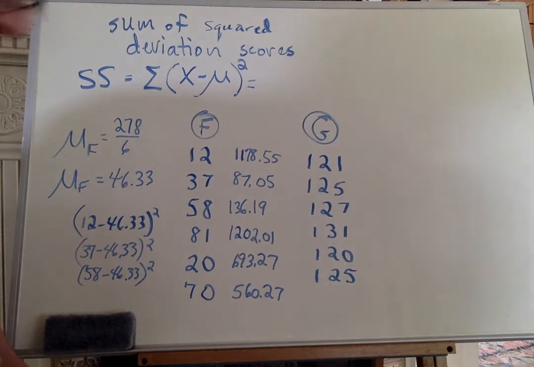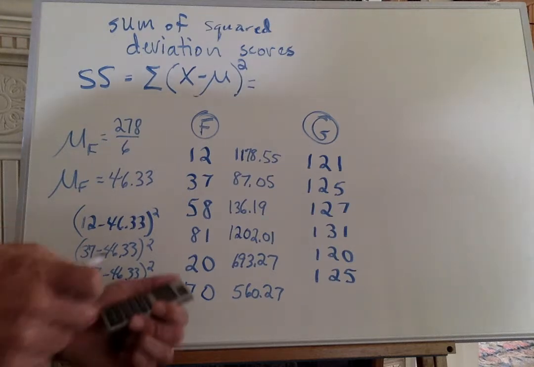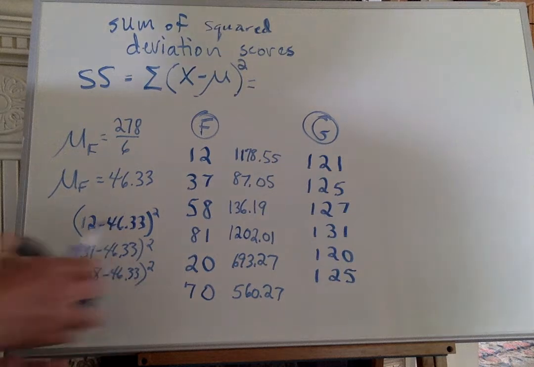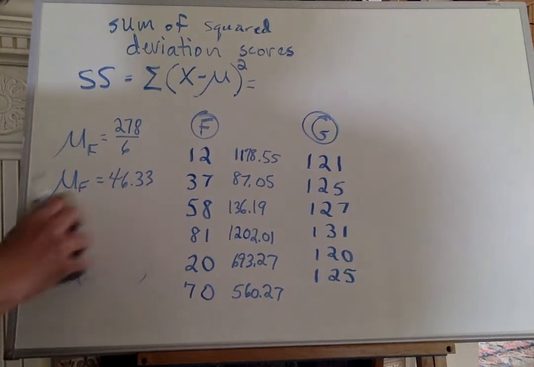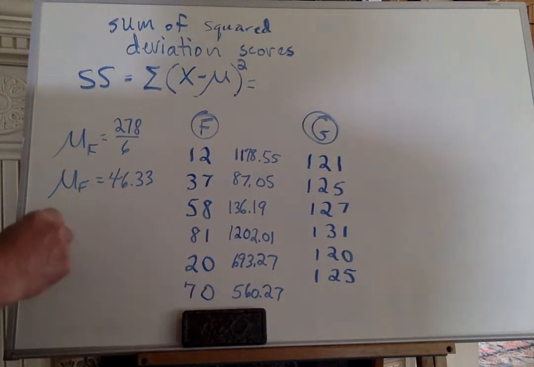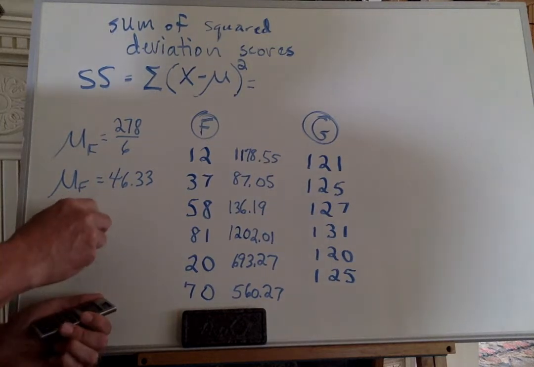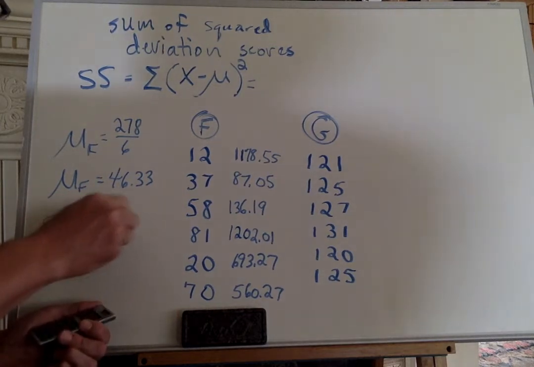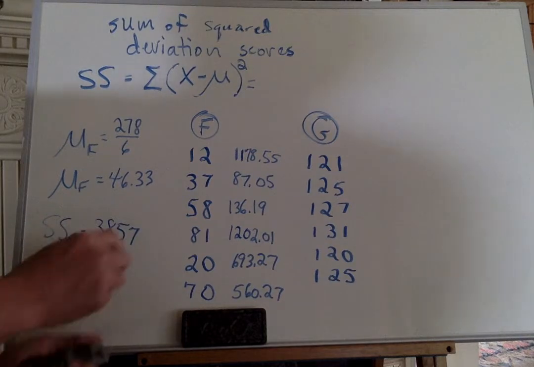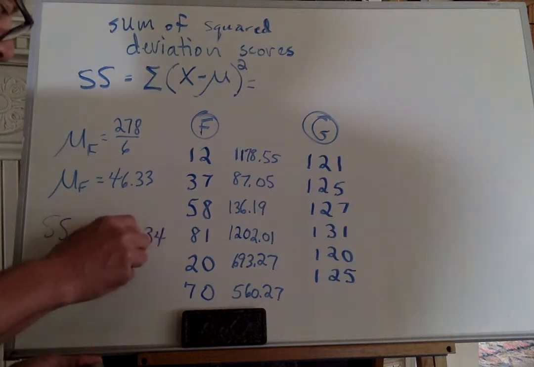And the answer for sum of squares for this group, for group F, is 3,857.34. Okay.